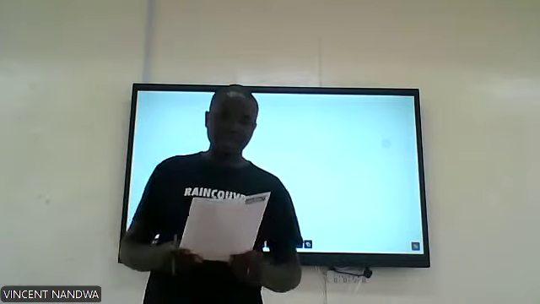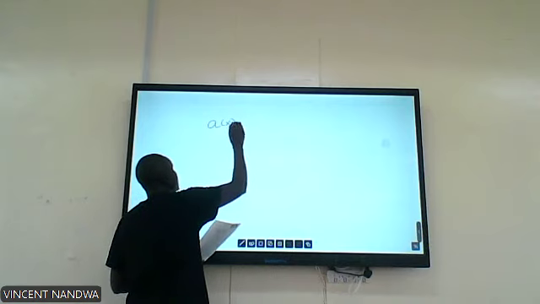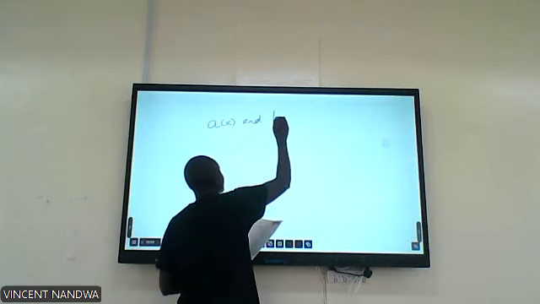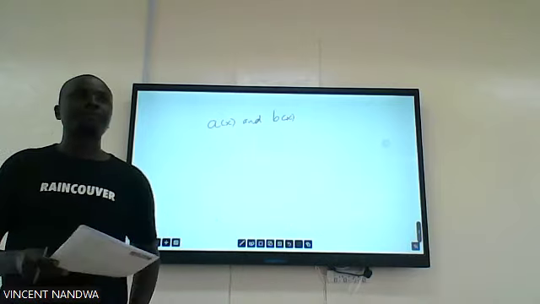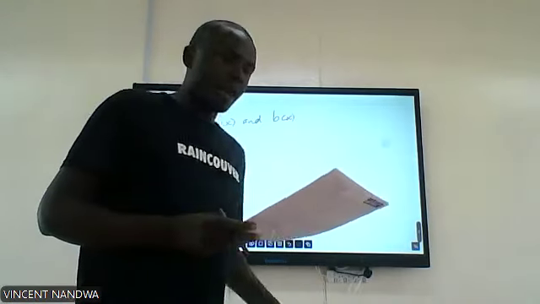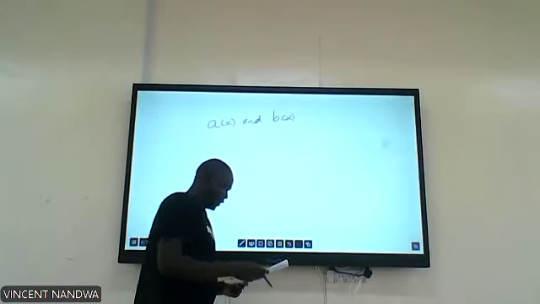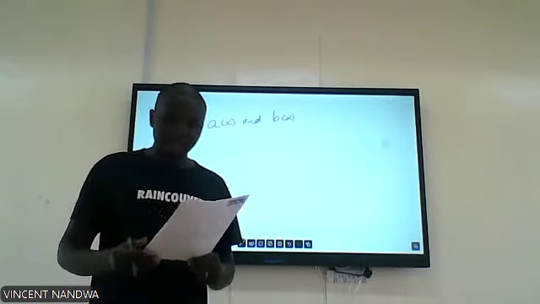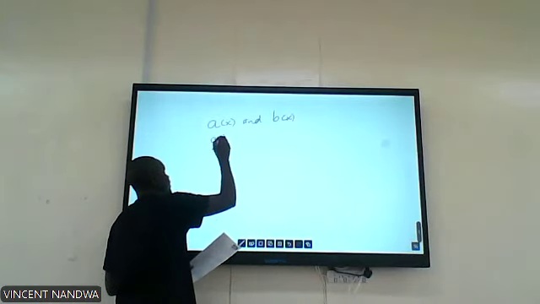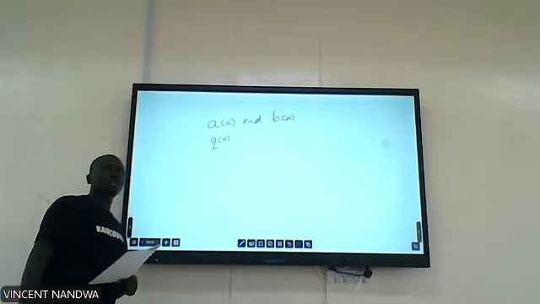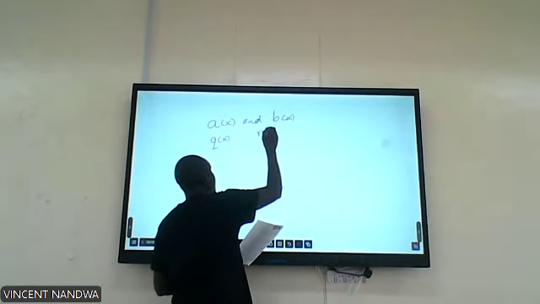And then we skip a line and say, if A of x and B of x are two polynomials, then we can find a unique quotient, Q of x, and a unique remainder, R of x.